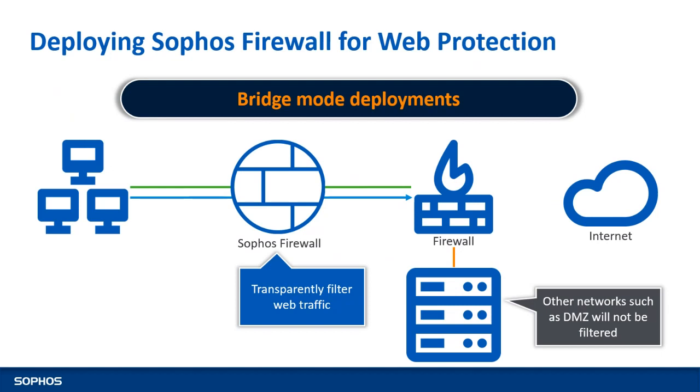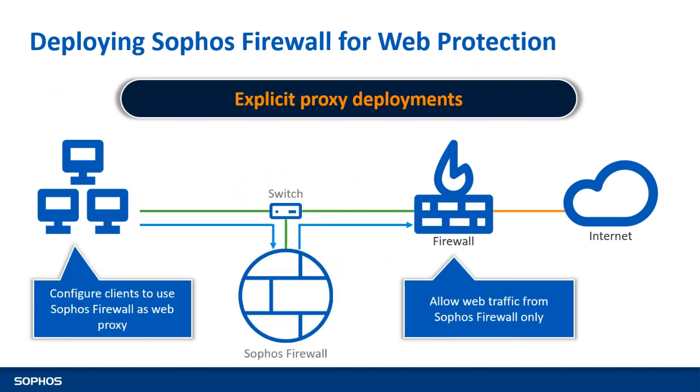Similarly to the previous solution, any client behind the firewall will not be able to bypass the filter and will have their traffic inspected. The only exception would be if there were another network, such as the DMZ hosting public servers, behind the edge firewall.